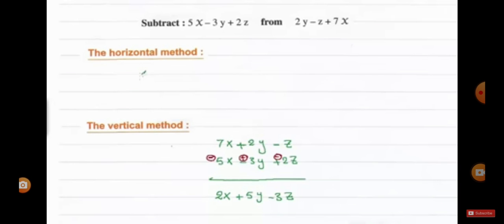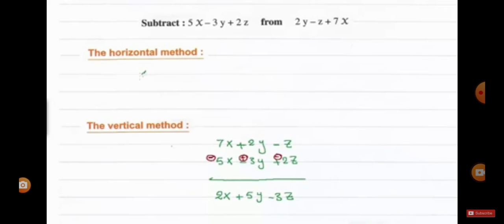But here is the difference between adding and subtracting: I have to change the sign of the second expression. 5x is positive, so I make it negative. −3y, I make it positive 3y. And +2z becomes −2z.